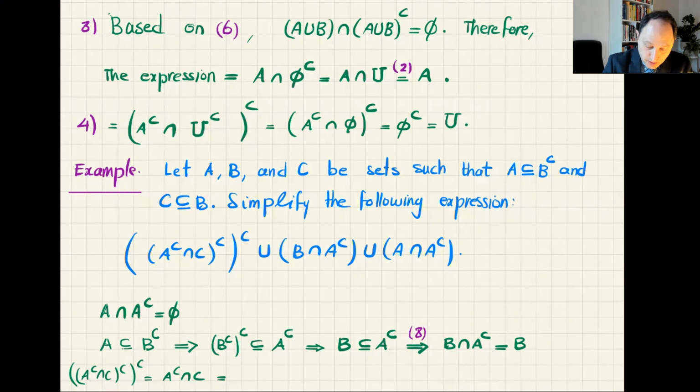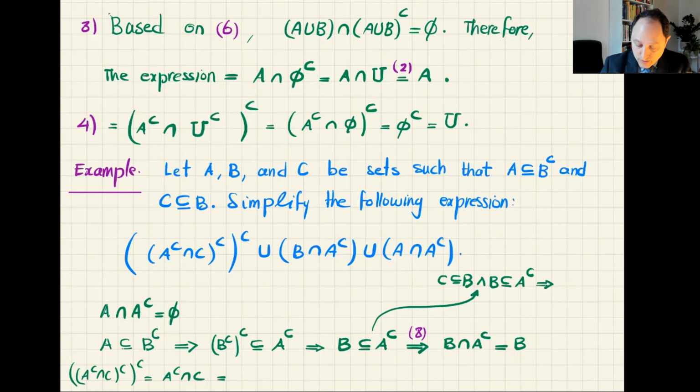So let me write it here. You are telling me that C is a subset of B. Now from here, I realize that B itself is a subset of A complement. So if you remember, the subset relation has the transitivity property.